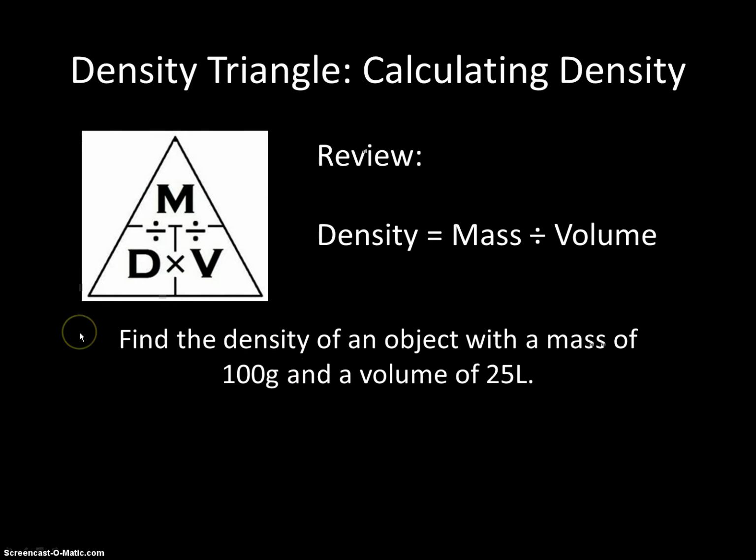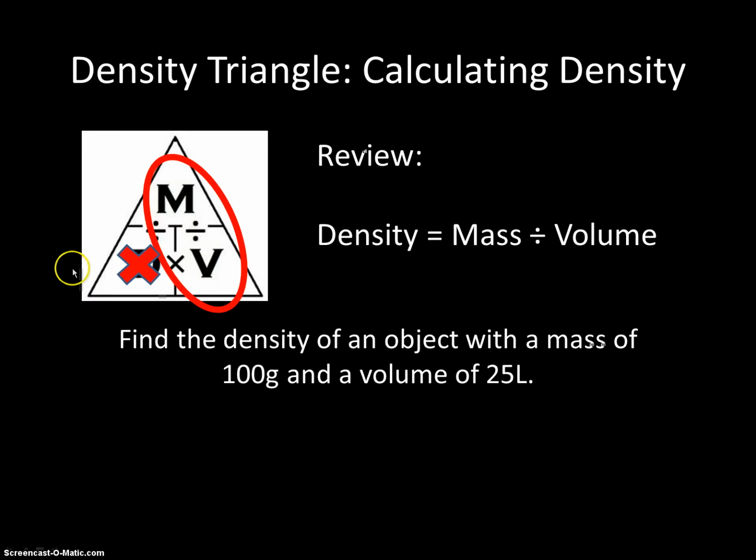The one that you do not have out of density, mass, and volume in your density triangle, you'll want to cover up. We're going to do this in this video by putting an X over it. If you just want to put your thumb over it as you follow along, that would be great. So we cover that one up. And what that leaves us with is the equation to find whichever one we're missing, in this case density.